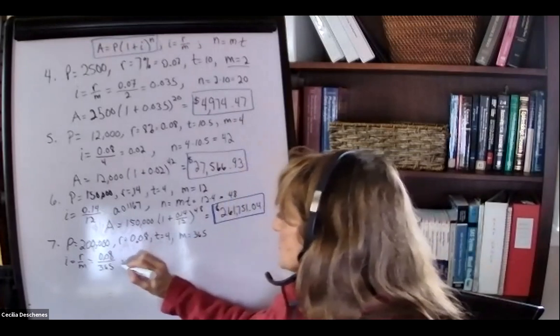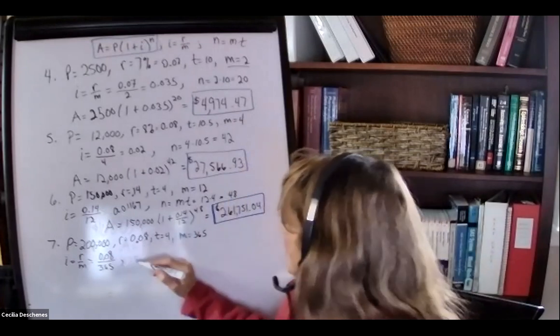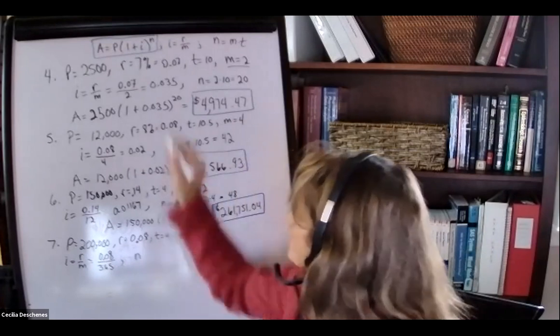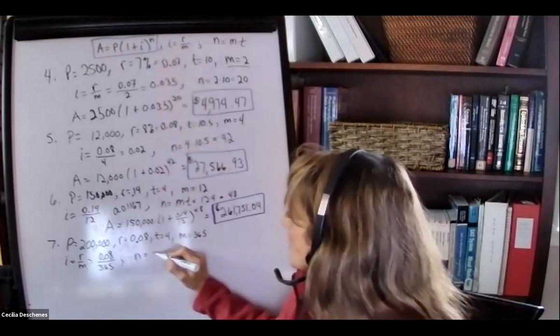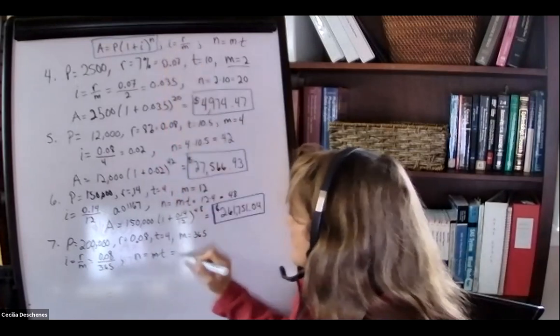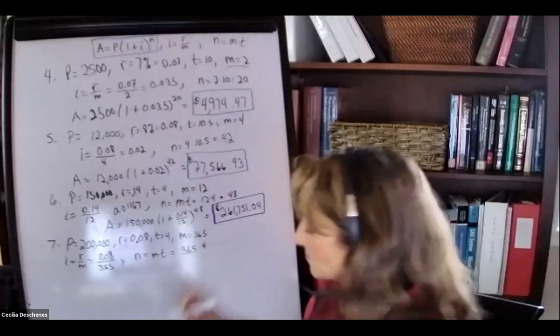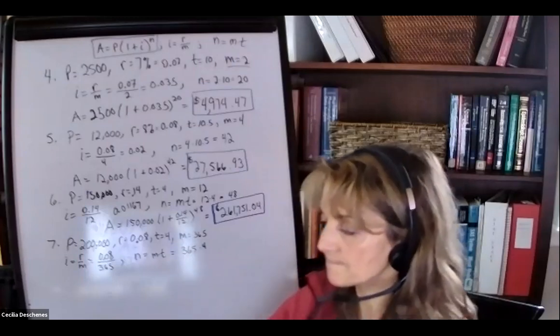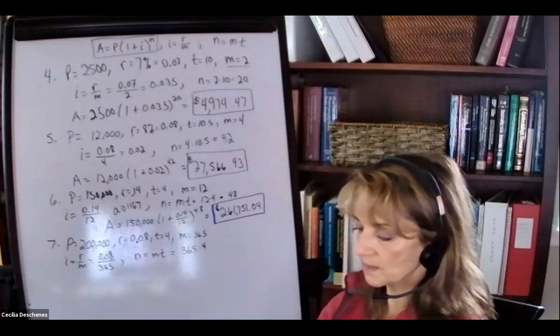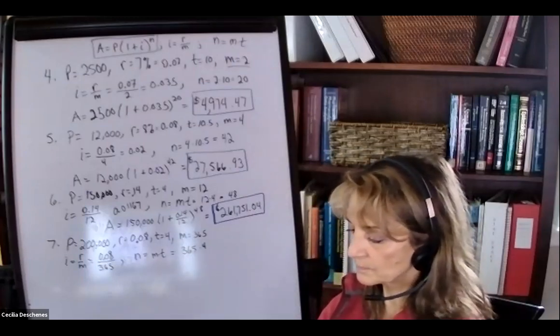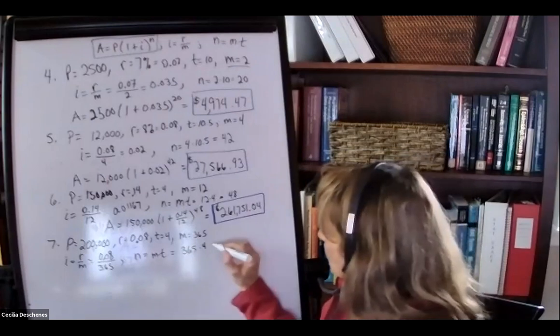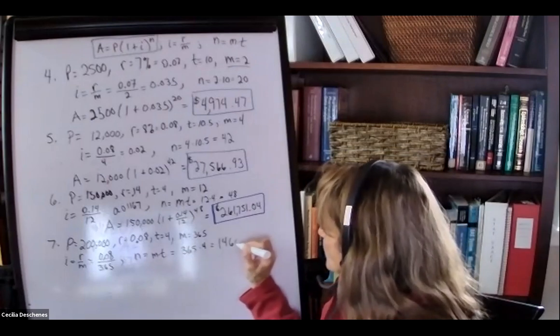And the N, which is the other thing we always need to calculate, is our M times T. So it's 365 times 4. And I'm going to do that one in my calculator. I get 1,460.